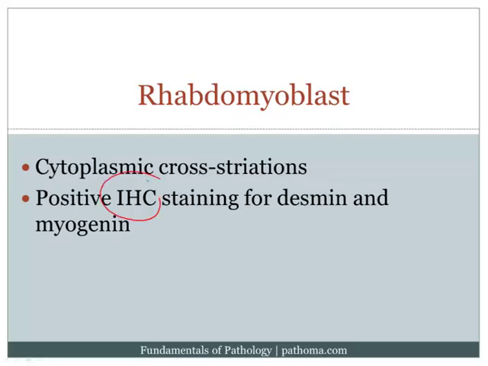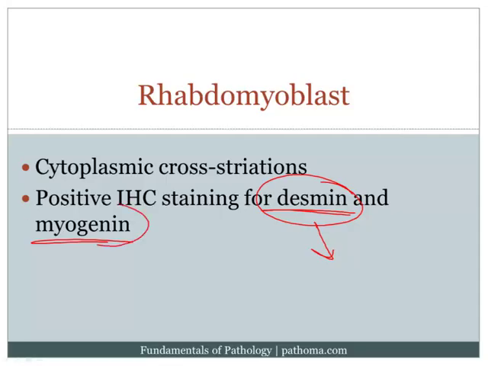Another way by which we can identify the rhabdomyoblast is to use something called immunohistochemistry. We can stain for certain antigens present in the cell, which would then help us to identify the cell. And two of the key antigens that are helpful in identifying a rhabdomyoblast are desmin and myogenin. Desmin, again, is the intermediate filament that is present in muscle cells. And so if we know that a cell is positive for desmin, we know that it is a muscle cell.